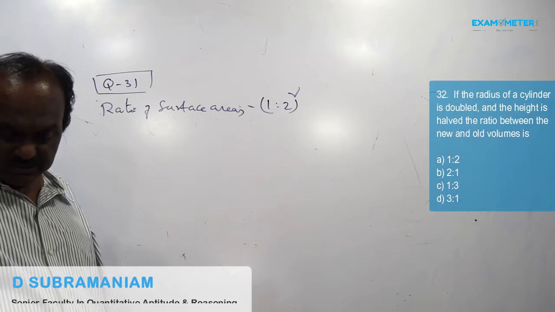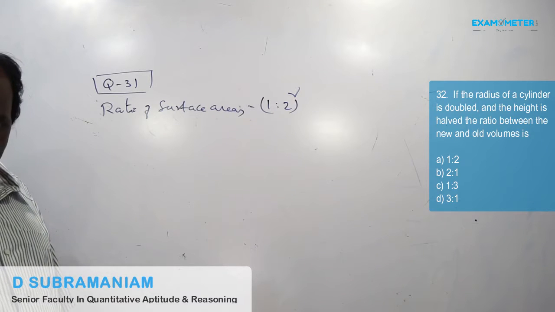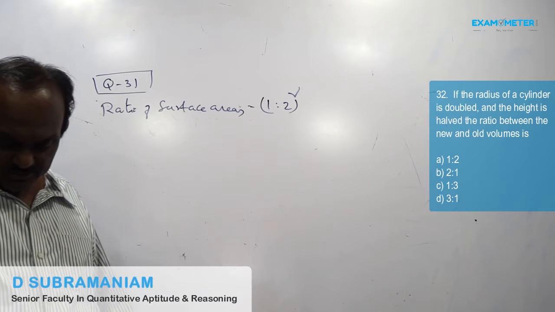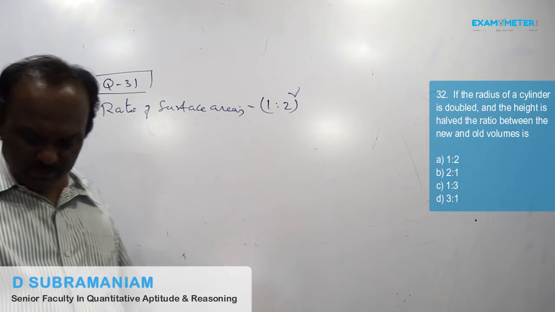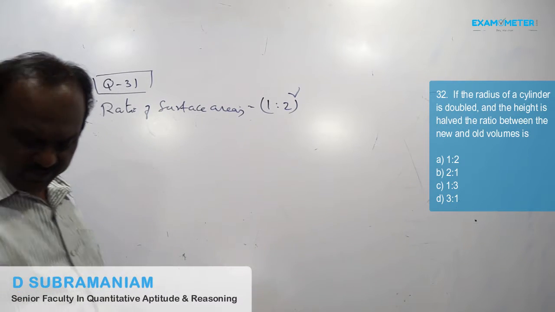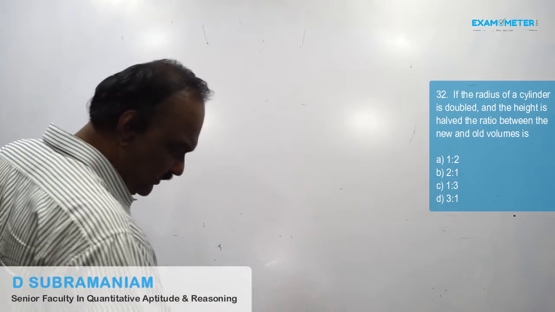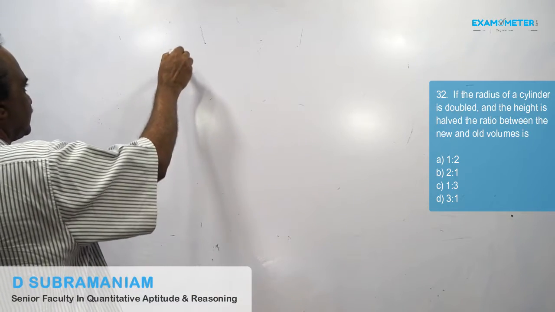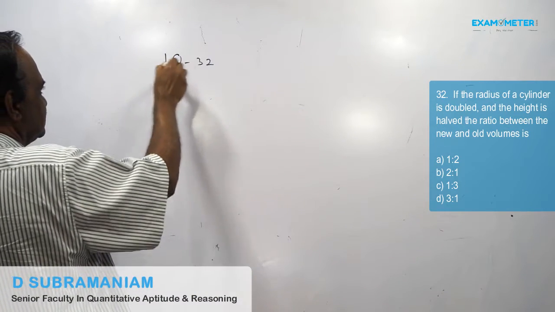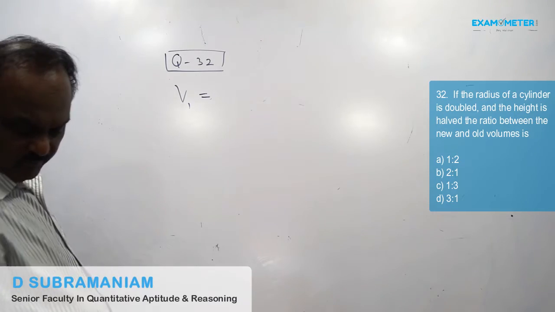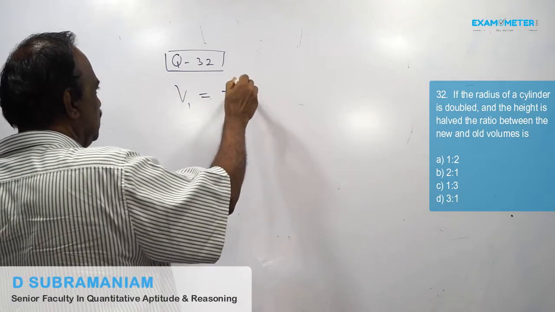If the radius of a cylinder is doubled and the height is halved, the ratio between the new and the old volumes is? So write down. Assuming original values of radius and height as R and H. Volume 1 is equal to pi r square h.